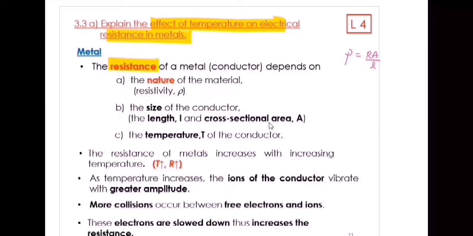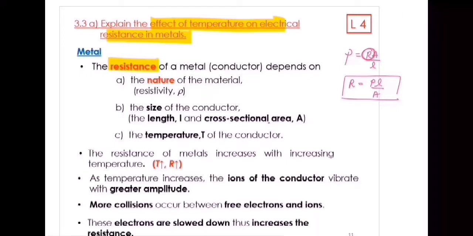But now we want to look at the factors that affect the resistance. When we rearrange the equation, we get R equals rho L over A. So we know the resistance is affected by the resistivity, the length, and the area.